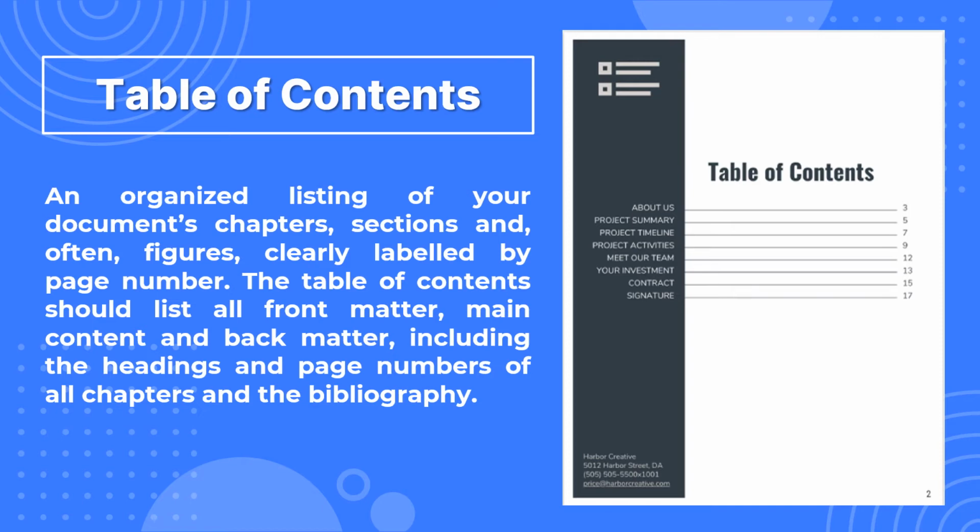A good table of contents should be easy to read, accurately formatted, and completed last so that it is 100% accurate. When adding the finishing touches, the table of contents is one of the most crucial elements. It helps the reader navigate through your proposal. Adding a table of contents is simple and it can be inserted easily after you have finished writing your paper.